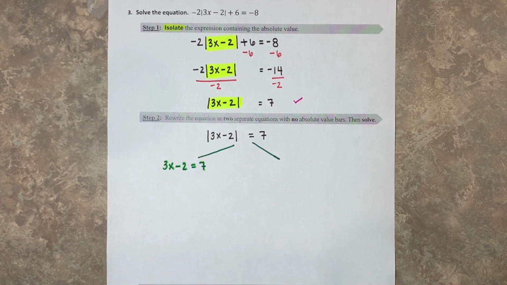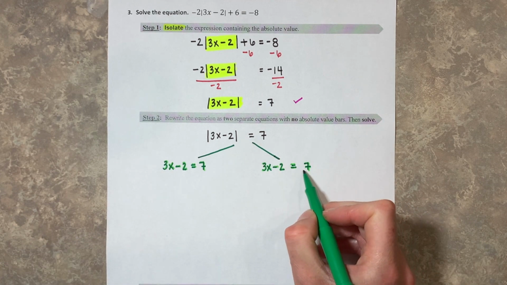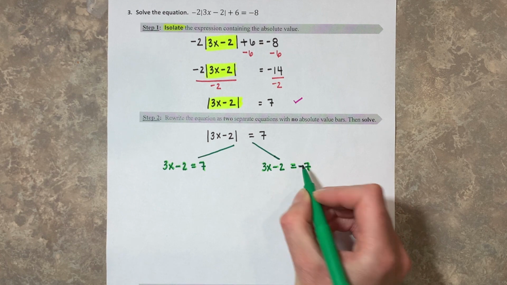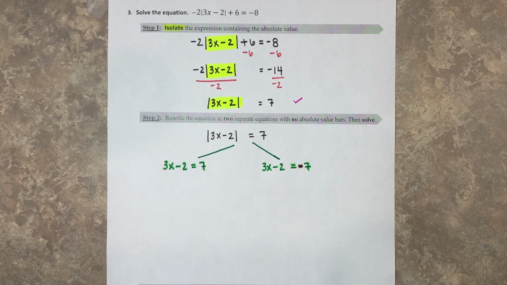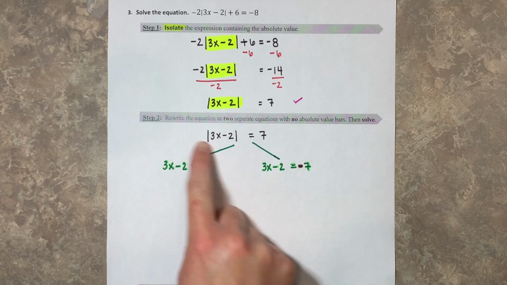The second equation is almost as easy to write. We start by writing exactly what we just wrote, but the one change we make is that we make this 7 negative. Now that we've written our two equations, we just need to solve them to get our final answers. I'll first solve this equation on the left.